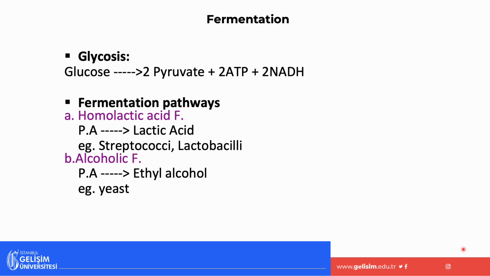Both of these pathways, homolactic acid fermentation and alcoholic fermentation, are less efficient than aerobic respiration in terms of ATP production. But again, as we mentioned before, certain organisms can use them to survive, to continue to produce ATP when oxygen levels are scarce or absent.